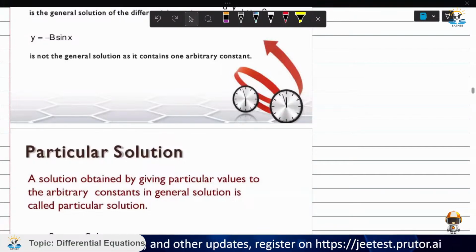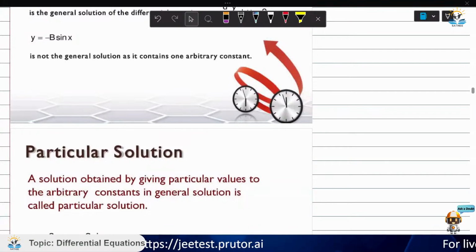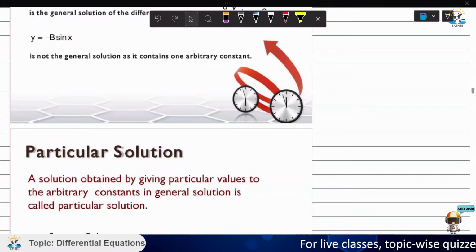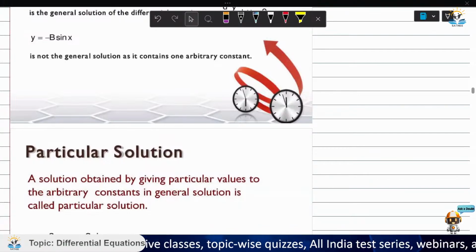Just give me one more minute. I'll just add the standard part and we'll move on to that.